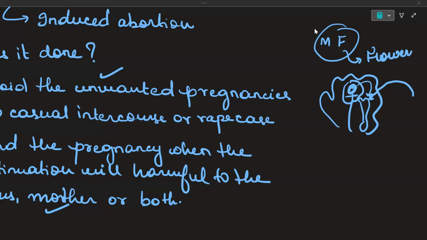Okay, so the next question: what is the function of plumule and radicle? Can you repeat that again, ma'am?